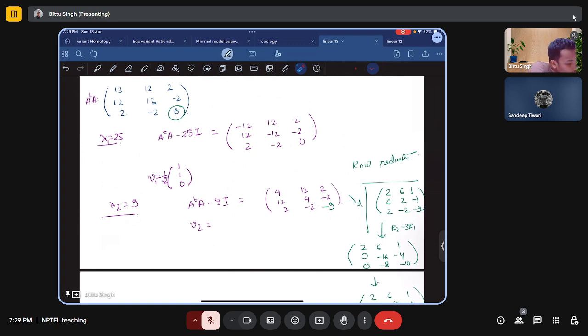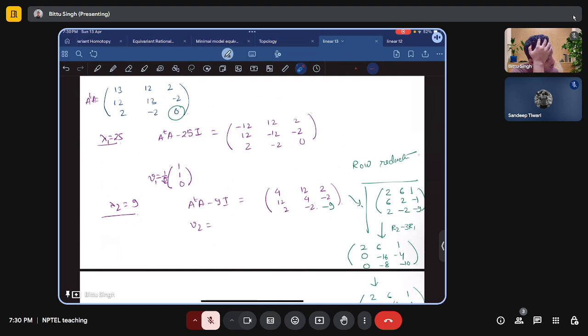Let me calculate it again. So 6, 2, minus 1. R3 minus 3R1, R2 minus 3R1. So this will be 0, minus 18, minus 16, minus 1 minus 3, minus 4.